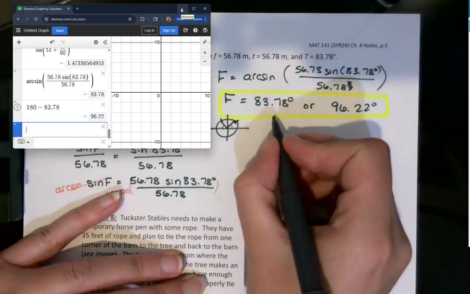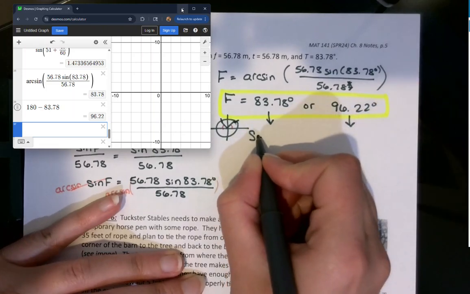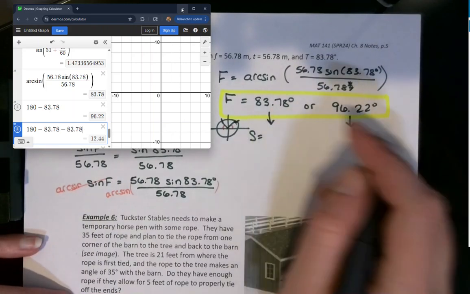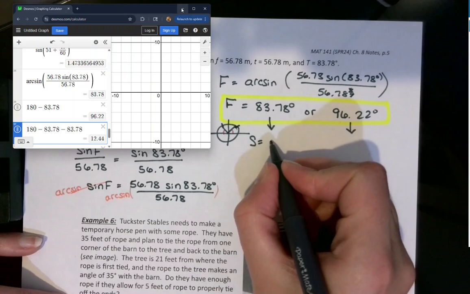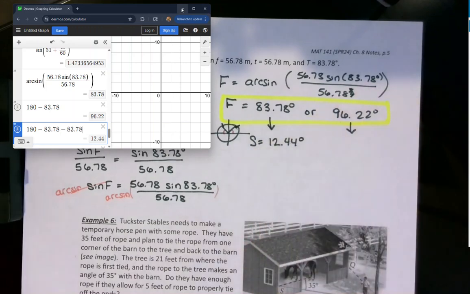So we're going to find the corresponding possible angles for angle S here. Angle S, let's see, 180 minus 83.78 for angle T minus 83.78 for angle F would give me a measure for angle S of 12.44 degrees.